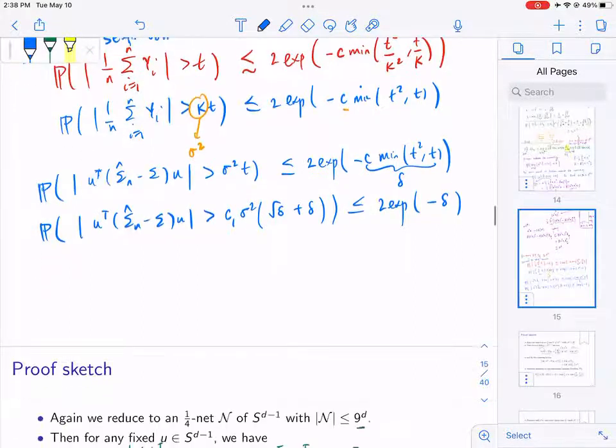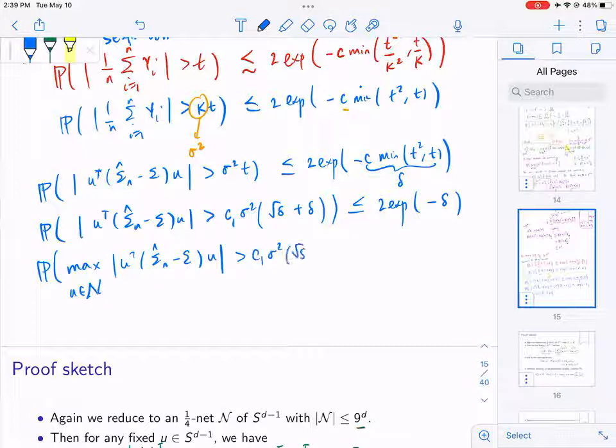So now do the union bound. So the probability that the max over u in the net of u transpose (sigma hat n minus sigma) u is bigger than c1 sigma squared (root delta plus delta) is less than what?